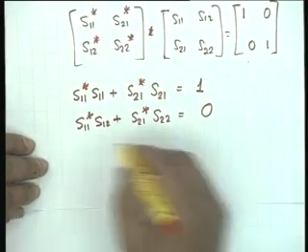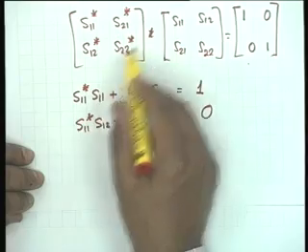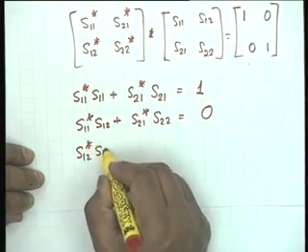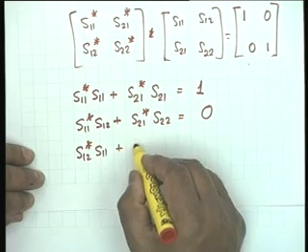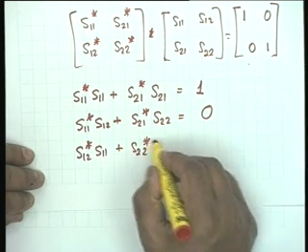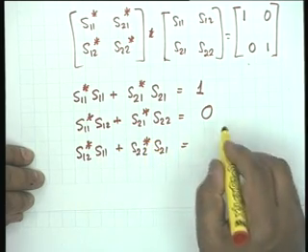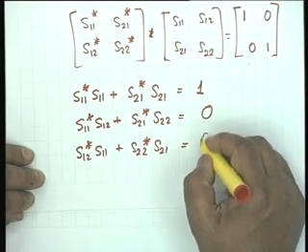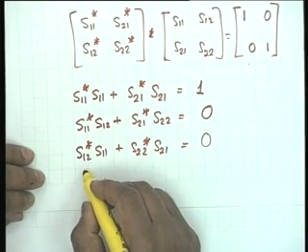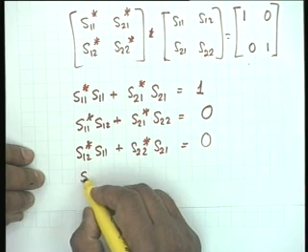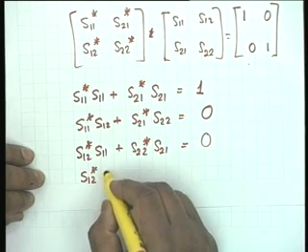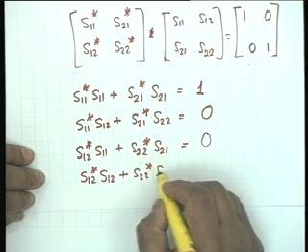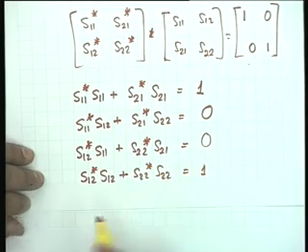The third equation would be multiply this by this. So, S12 star S11 plus S22 star S21 should be equal to, pardon me, 0. And finally, the equation would be S12 star S12 plus S22 star S22 should be equal to 1.